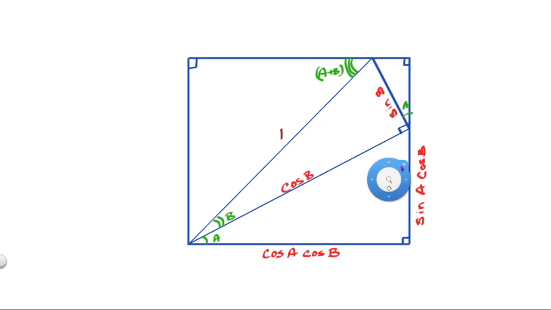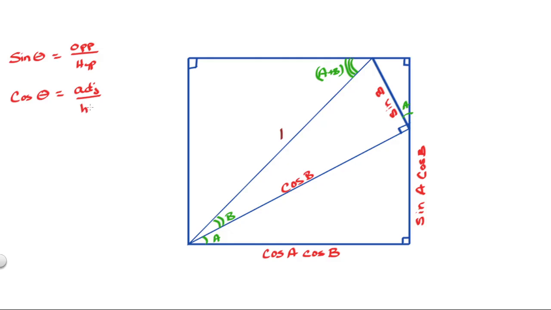Again, just a quick reminder of our trigonometric ratios. So sine of an angle is equal to the opposite leg divided by the hypotenuse. And cosine of an angle is equal to the adjacent leg over the hypotenuse.